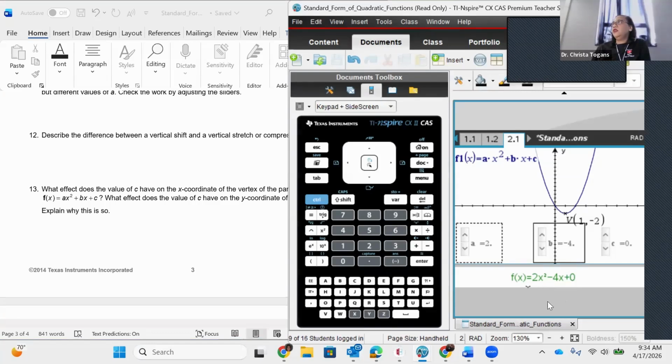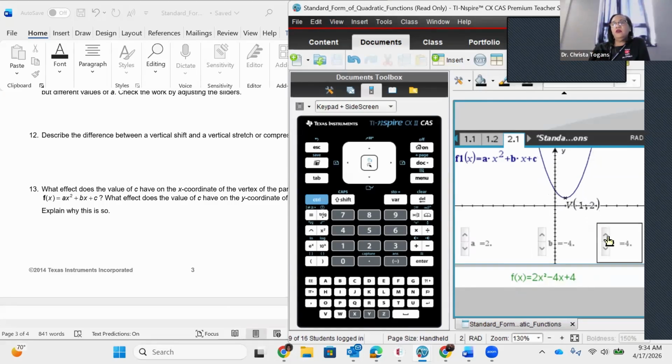What value is C? What is it over here? On X. I mean, no effect on X. Does it have an effect on Y? It does. So if you change C, what does it do to the Y? Look at the Y value. Is it changing? No. Yeah. Okay, answer the question.